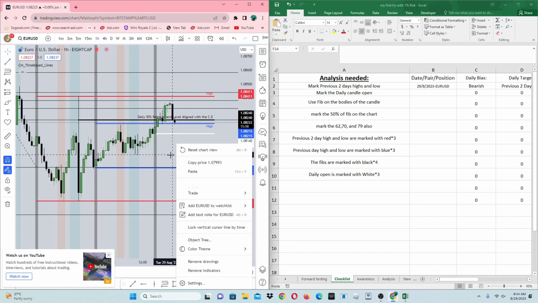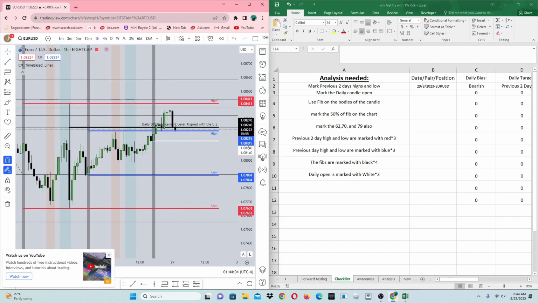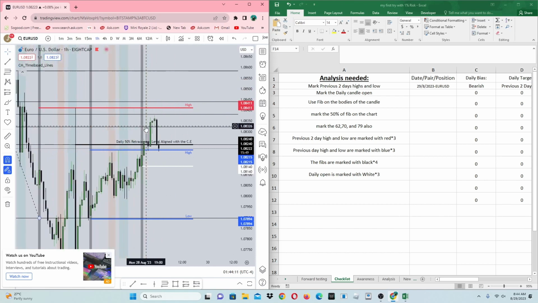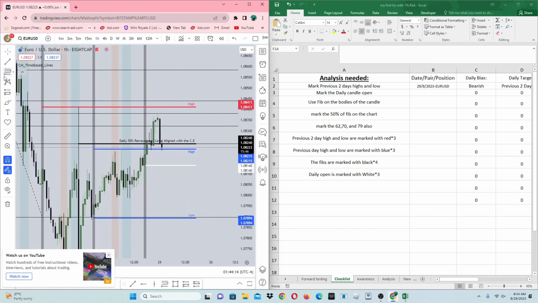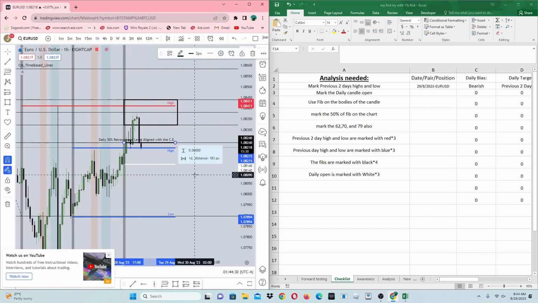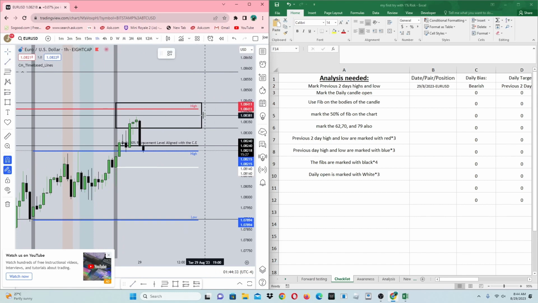So now I marked this 50% for the daily candle, and these are the optimal trade entry areas. So what I usually do is this, okay, this is right here, then we have another one like this.